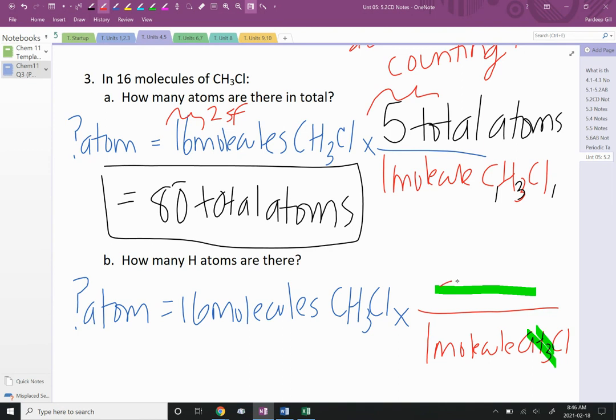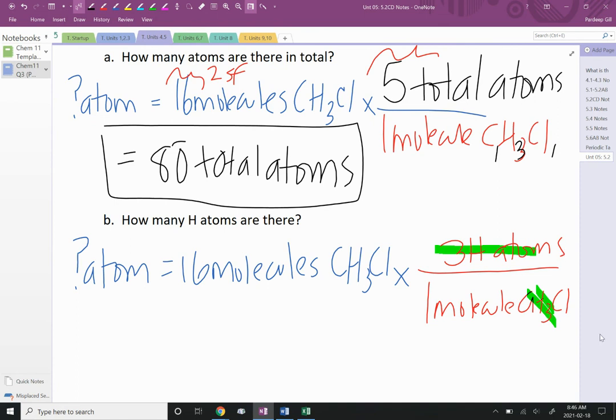So we're going to write down 3 H atoms. Okay, so that's the only difference there. So then your conversion factor would be 3 over 1. And in terms of sig figs, once again, you don't consider the 3, you only look at the 16, and that's 2 sig figs there. So your answer should be 48 hydrogen atoms.